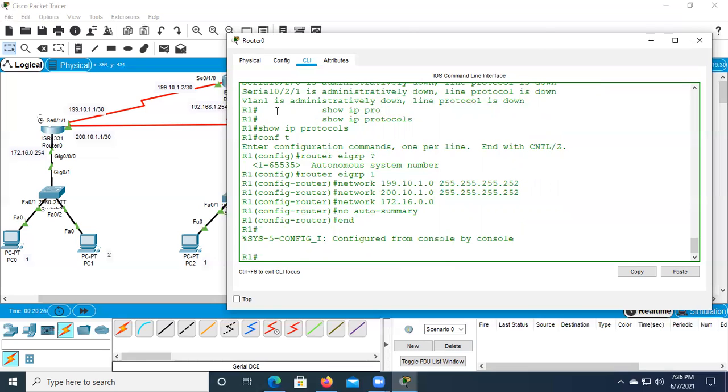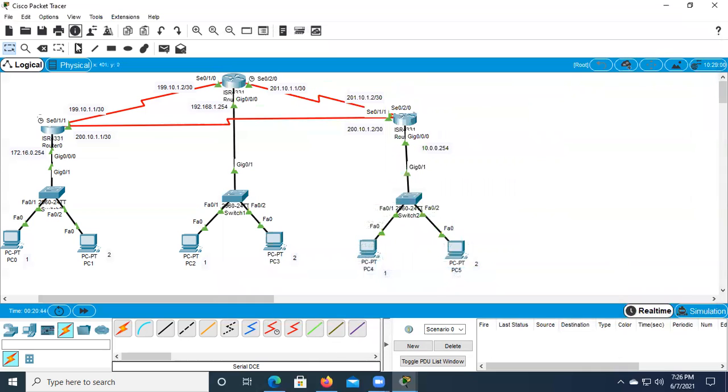We have auto summary and no auto summary, and there are manual summarizations also. When I configure router 1, these are the steps that I must do. Okay, you see how brilliant EIGRP is.